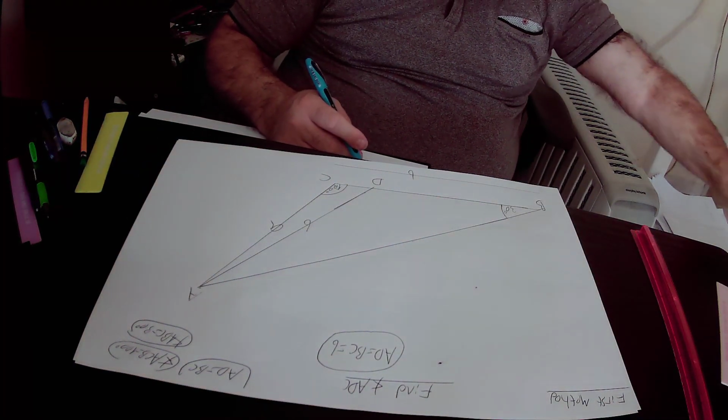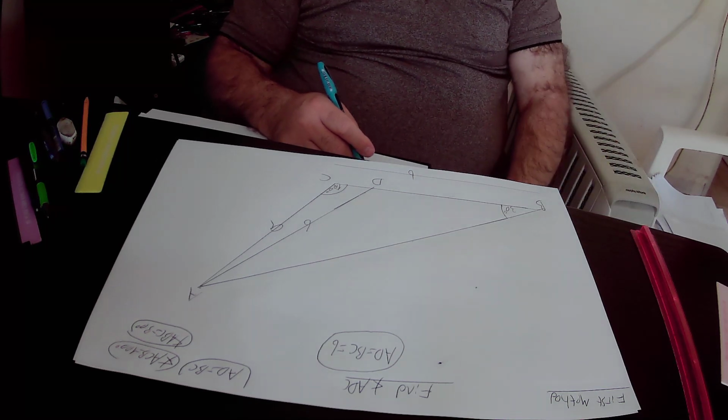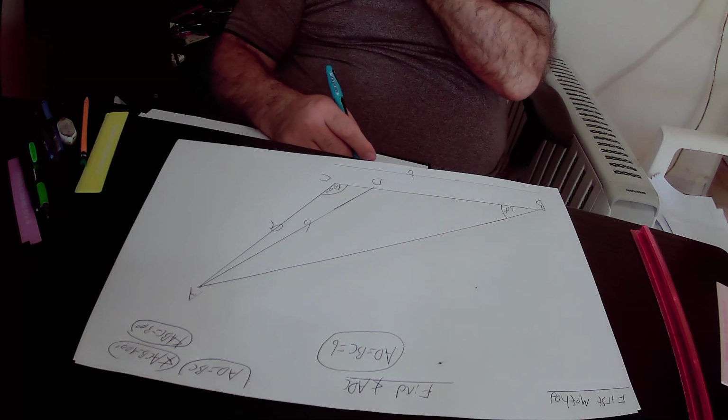So I will copy triangle ABC in a new page, and we will implement the law of sines in this triangle.